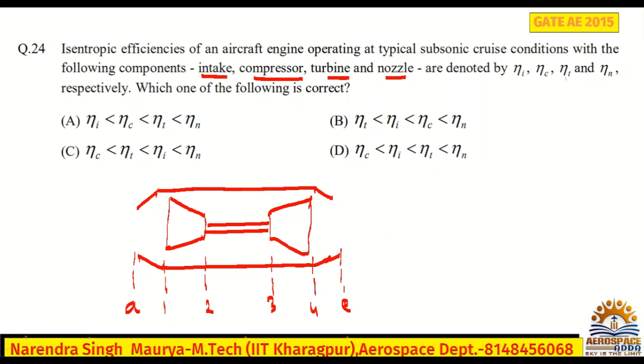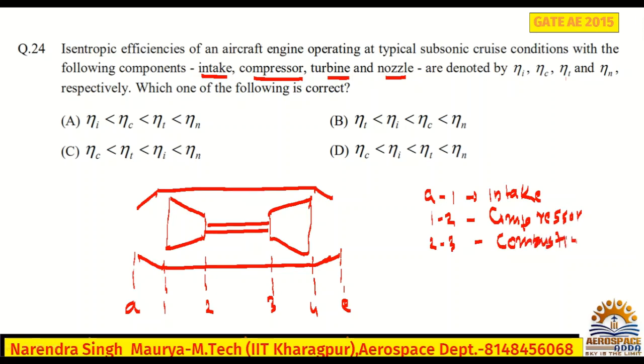A to 1 is called intake. 1 to 2 is called compressor. 2 to 3 is called combustor or combustion chamber.